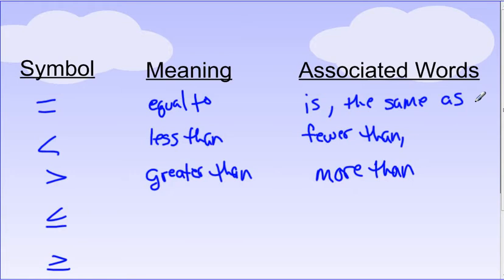The next symbol is a less than or equal to. It has the less than symbol in it, but also this other little line like an equal sign. It's almost like you take the equal sign and a less than sign and stack them on top of each other. It's a less than, but also could be equal to. One of the key phrases for that is at most.